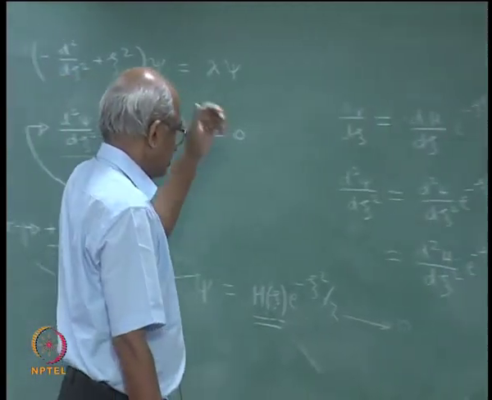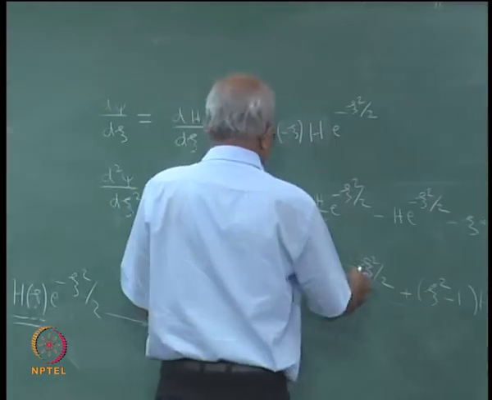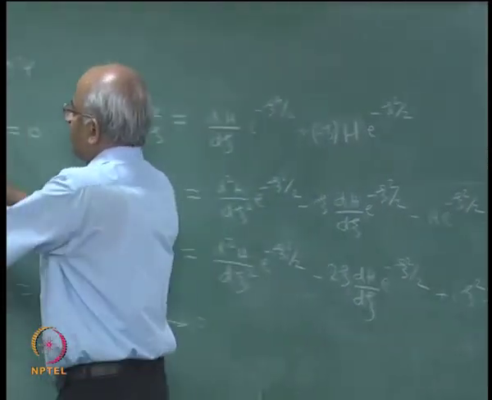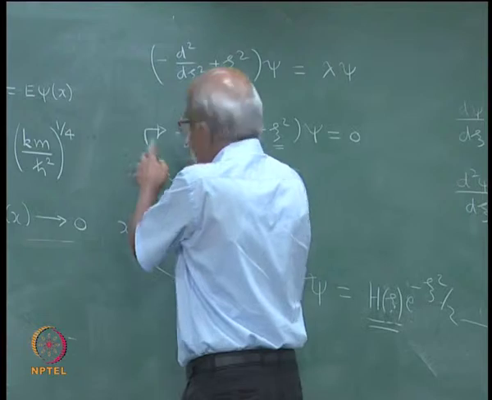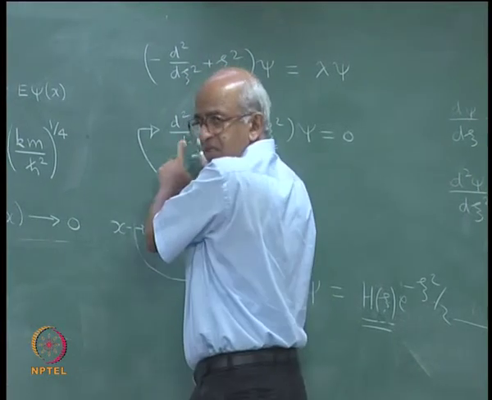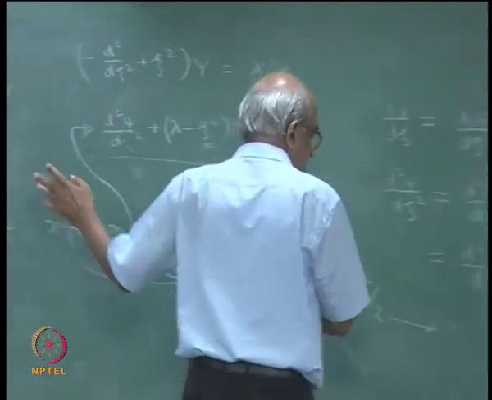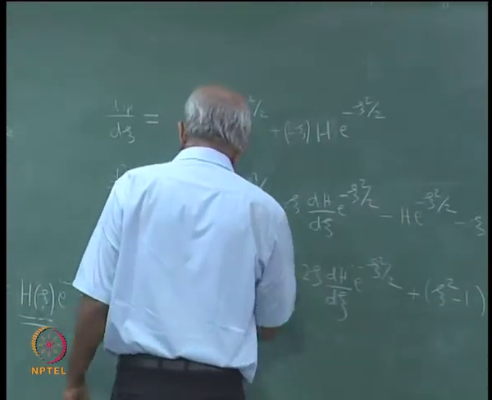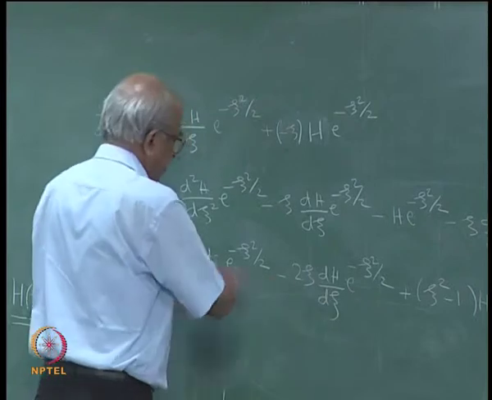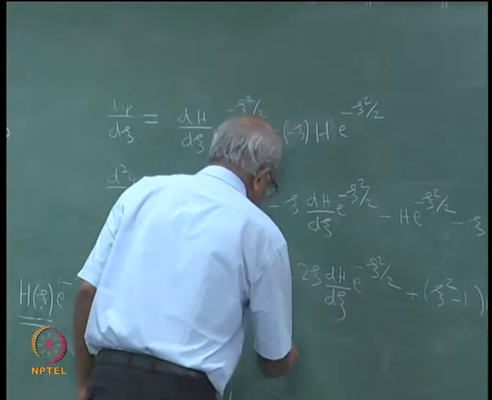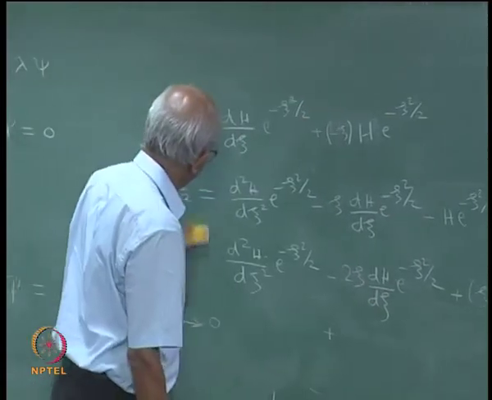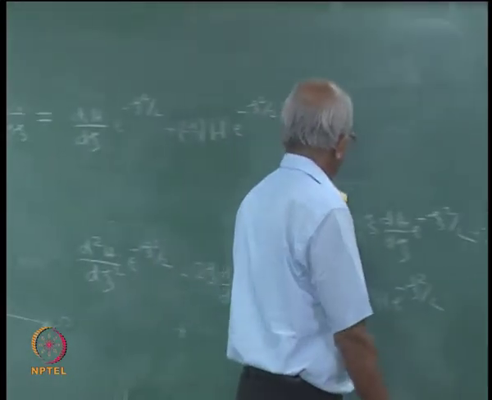So, the next thing that I should do is I should take this expression, put it here and add lambda minus c square into psi to it. So, to this right hand side that I have here, I am going to add the term. Well, let me remove this equal sign, because this is the second derivative.